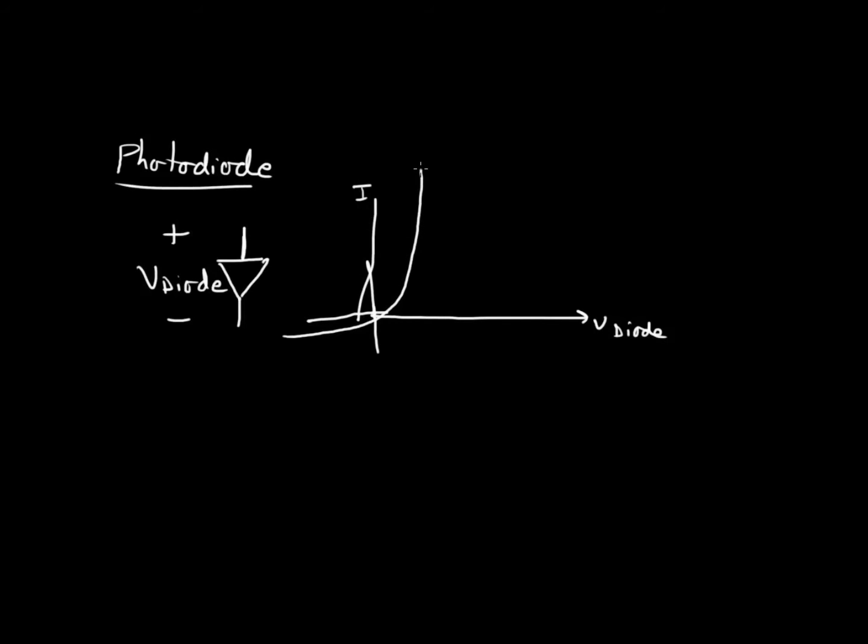And then this current's going to shoot off almost to infinity. What you have are three distinct regions of the diode. You have here, where V diode is positive, forward bias, and here we have reverse bias.